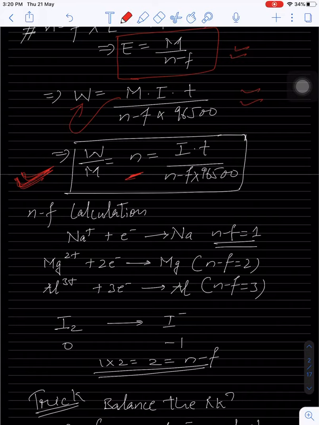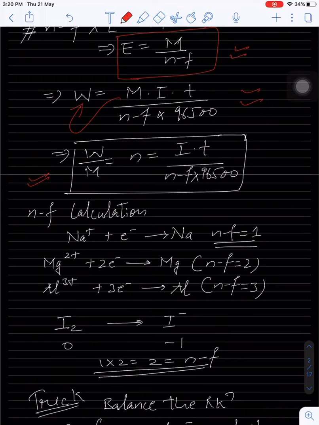So we don't need to worry about it. What we need to learn is the final formula: number of moles equal to Q upon N factor into 1 Faraday. 1 Faraday is equal to 96500 coulomb.